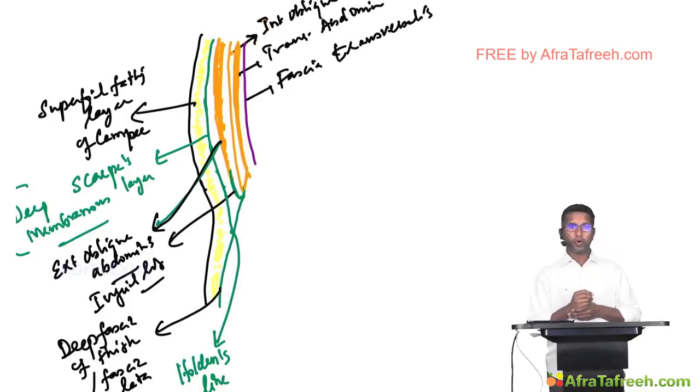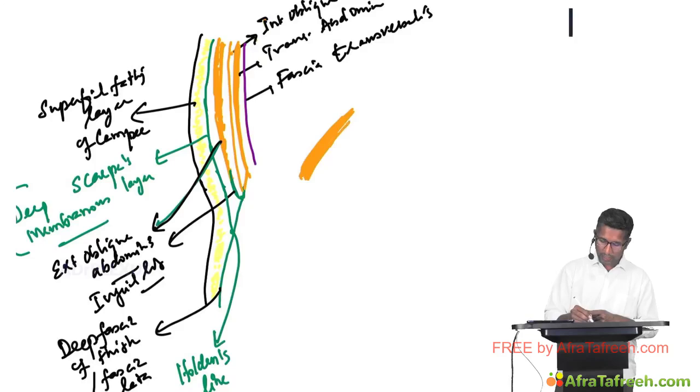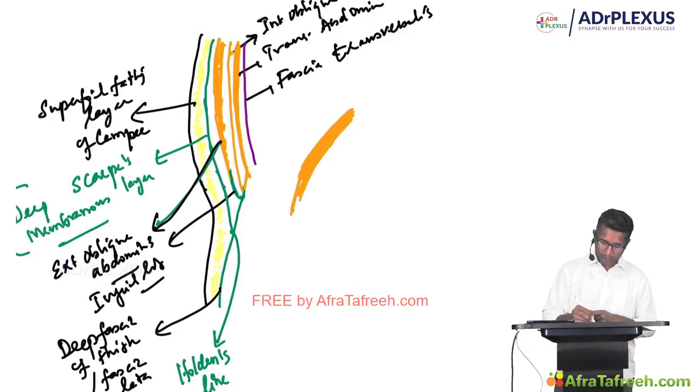Now when you go to the posterior part of the abdominal wall, you have a muscle called the iliacus muscle. This iliacus muscle comes to the thigh region and gets attached to the lesser trochanter. This iliacus muscle is covered by a fascia called fascia iliaca.